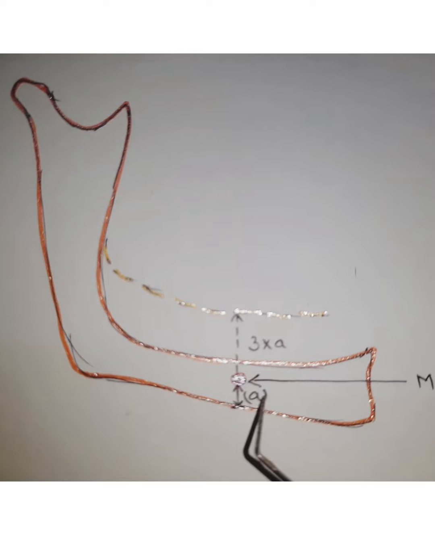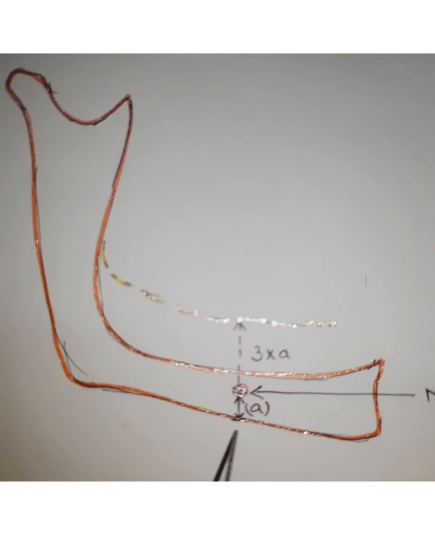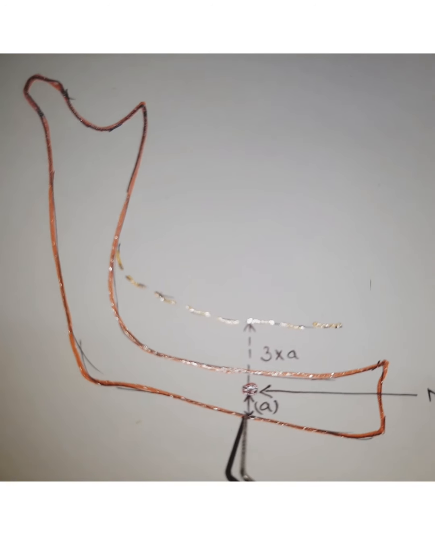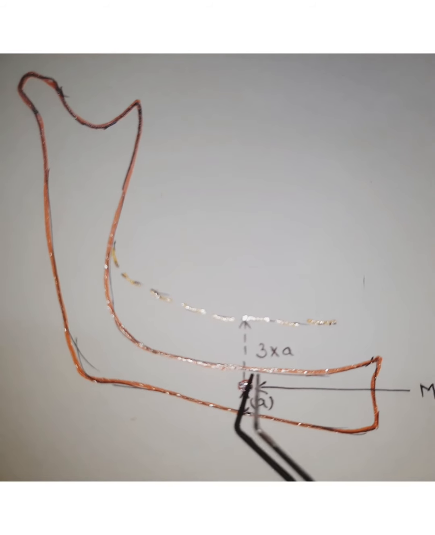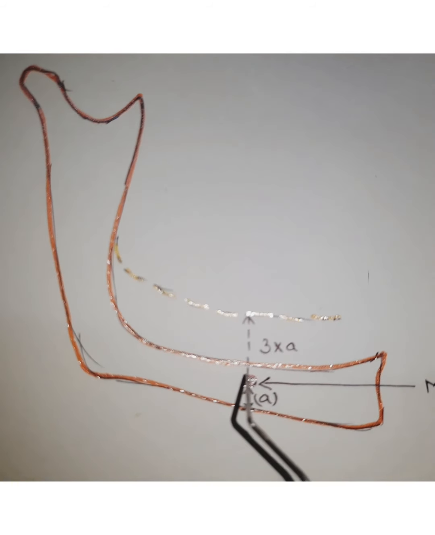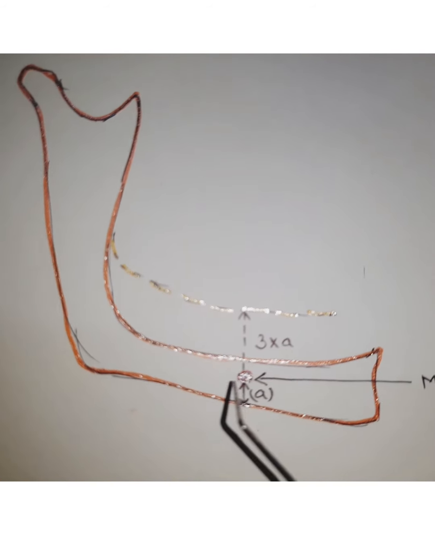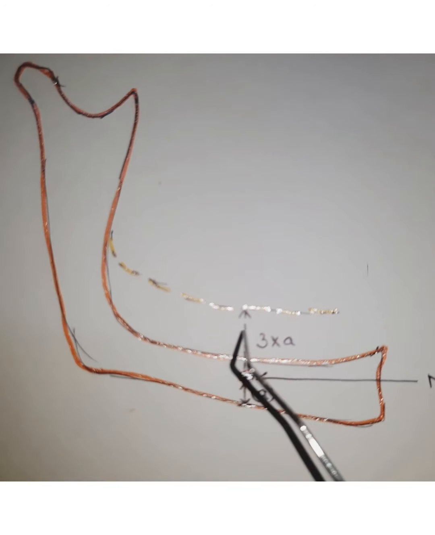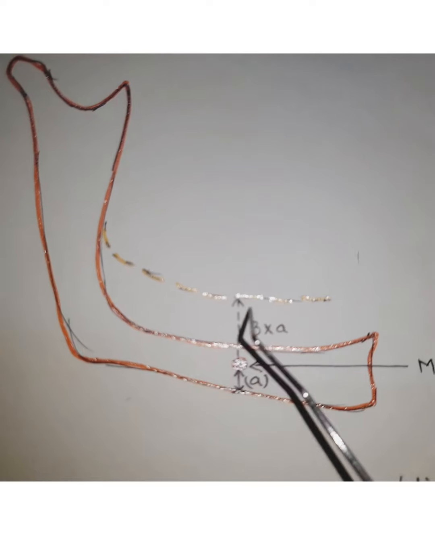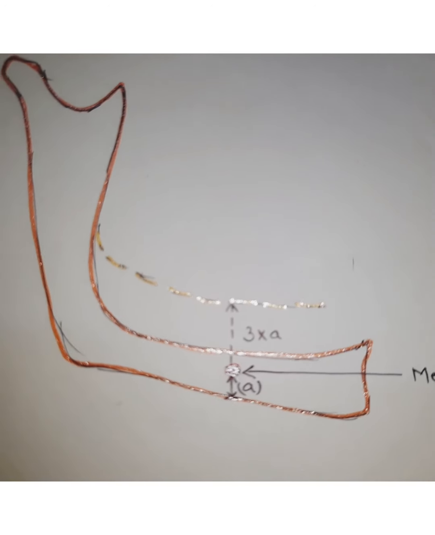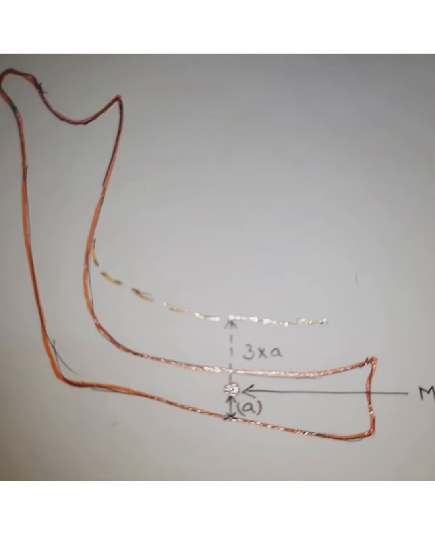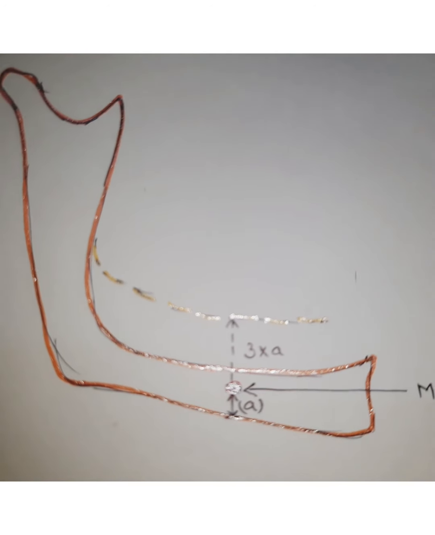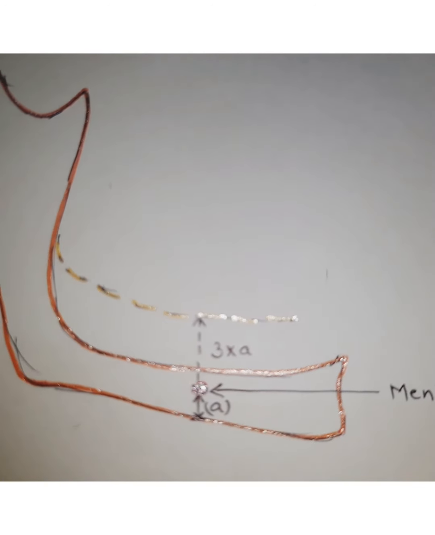Suppose this distance is A. Then the original height of the alveolar ridge of that patient's mandible would be 3 times this distance, that is 3A. So the distance from the upper border of the mental foramen to the original height would be 3 times. That is how you can measure the original residual ridge height of that particular patient.